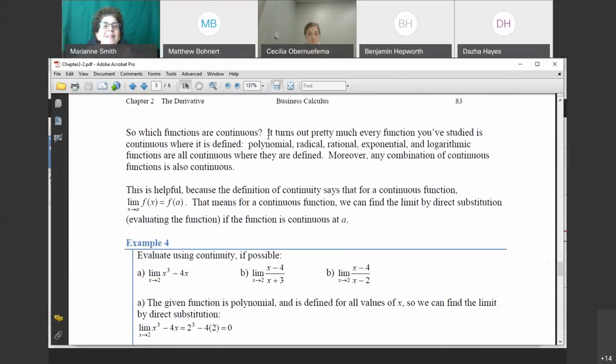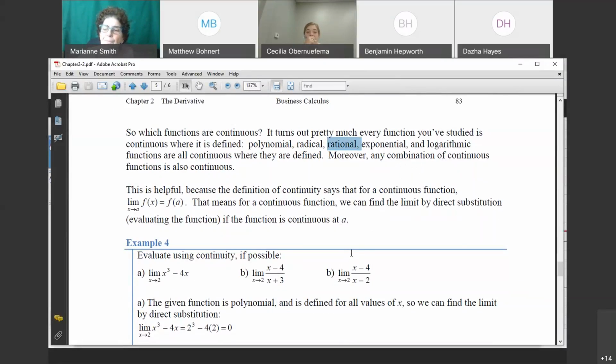Okay, so basically every function you've studied is continuous where it's defined: polynomials, radicals, rationals, exponentials. But basically you've got discontinuities in rationals, you've got to pick them out. And then the piecewise functions tend to have discontinuities at the ends of the domain.